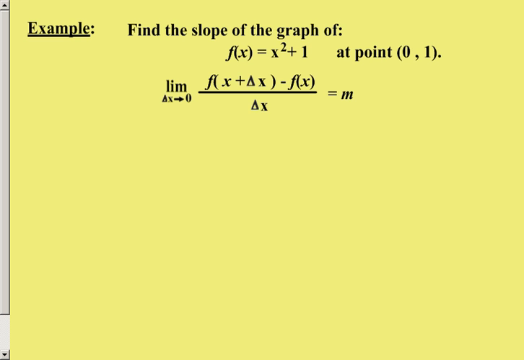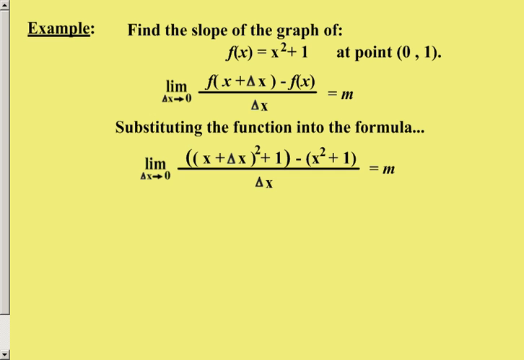Okay, so let's make those substitutions. There's what you have. On the left side of the numerator, you have x squared plus 1 being evaluated at x plus delta x. And on the right side of the numerator, we have the function itself, x squared plus 1. Nothing has happened to the denominator yet. The limit is not really in play just yet.